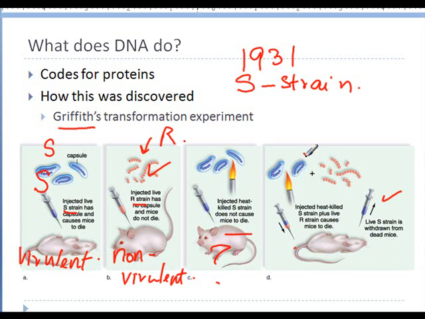So something from here actually passed on to the non-virulent strain, and this caused the change in the phenotype of the bacteria, which genetically then caused a change. And at this time he just used the term genetic material. He did not know that this genetic material was DNA.